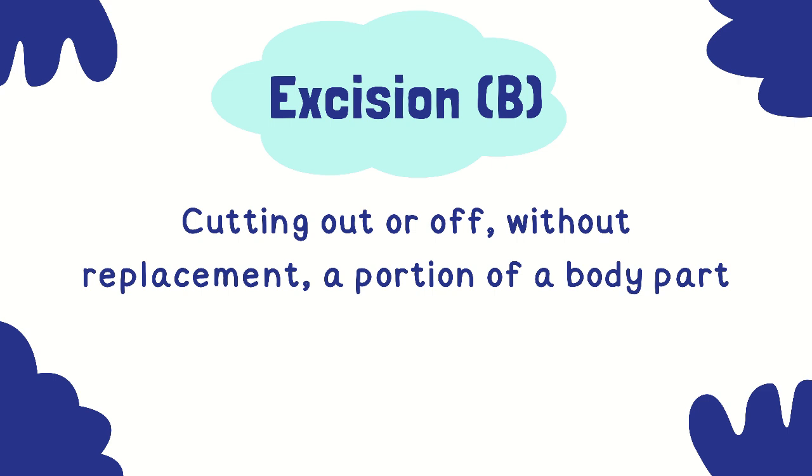If they take out the entire body part, then the root operation would be resection and not excision. Some examples of these procedures are found in the index of your PCS manual. They also have some examples in the guidelines, but basically, it's part of a body part.